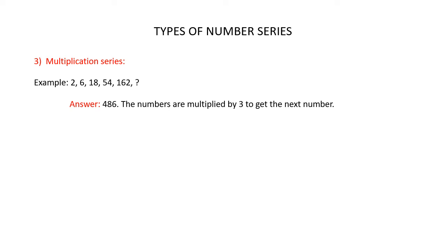You can see here that the next number is got by multiplying the previous number with 3, which means 2 multiplied by 3 is 6, 6 multiplied by 3 is 18, 18 multiplied by 3 is 54, 54 multiplied by 3 is 162, and 162 multiplied by 3 is 486. So the missing number is 486. The numbers are multiplied by 3 to get the next number. Hope you understood this.